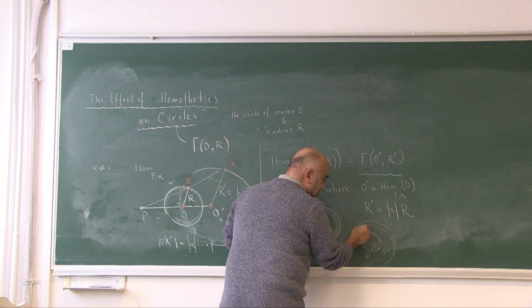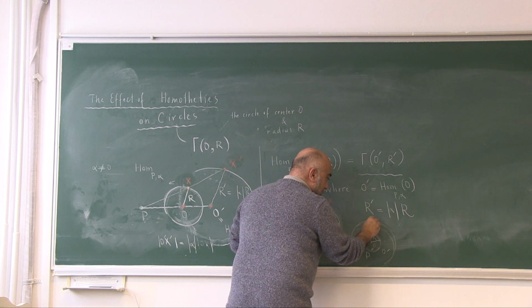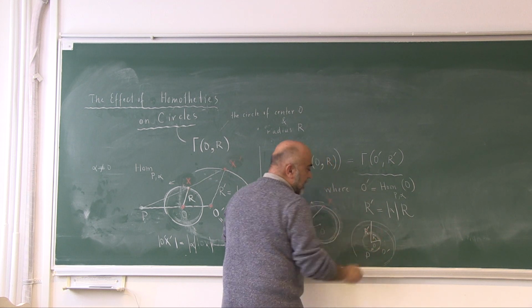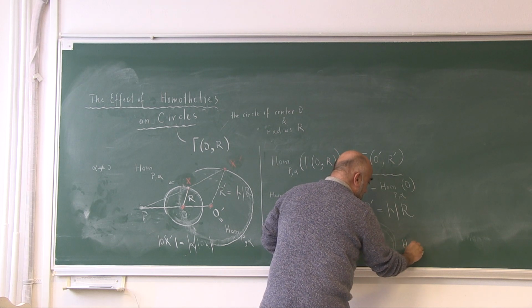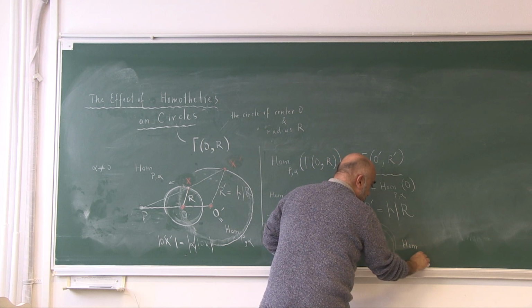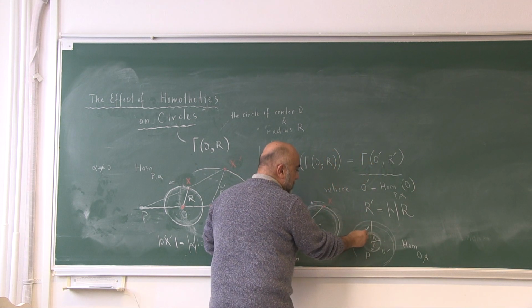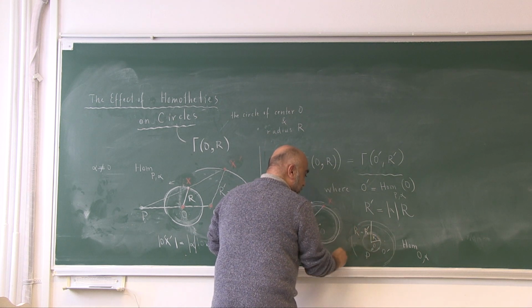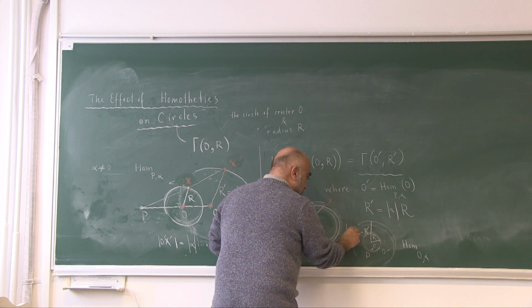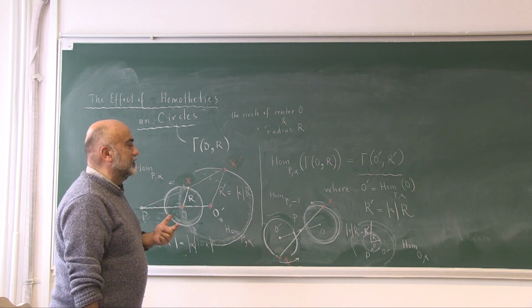If this is R, then this is R prime. So you still have the same thing. This is what happens if you use the homothety with center O and ratio of similitude alpha. Of course, R prime is, as always, the radius of the original circle multiplied by the absolute value of the ratio of similitude. Okay, so that's one thing.